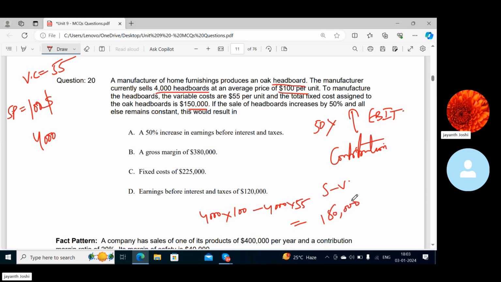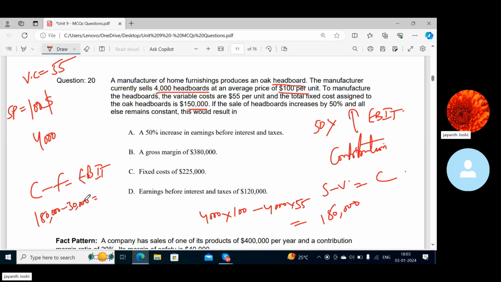Is it right? This is the contribution. If I want to take the profits, contribution minus fixed cost is profit, that is EBIT. So 180 minus 30.